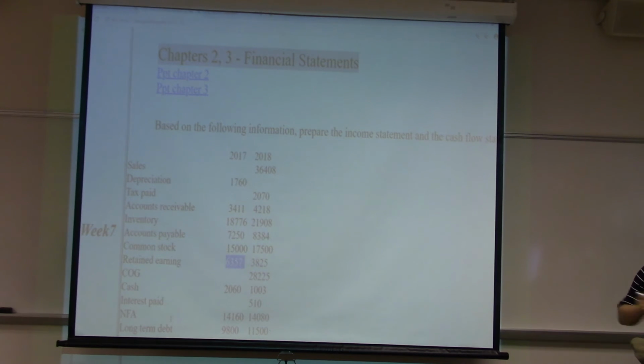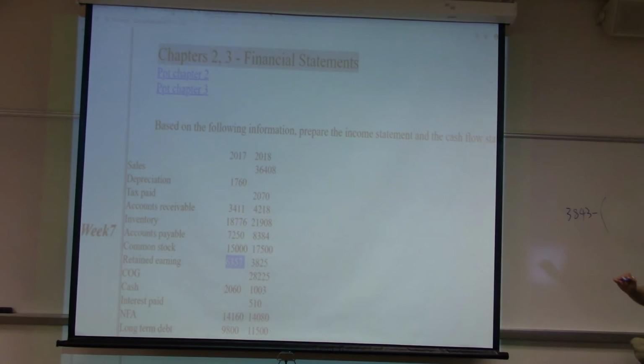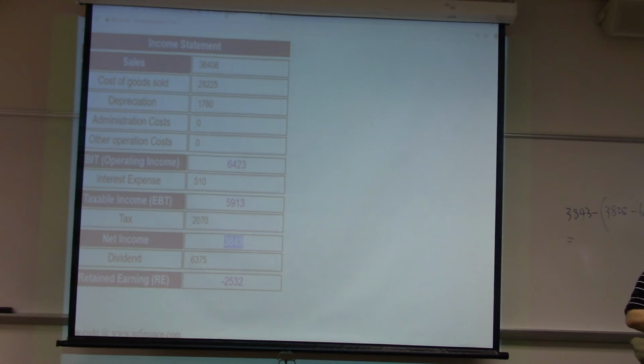The equation should be net income, because you need to make that difference, and the retained earnings of 2018, so you have to overcome the net income and also use that $2,000. So what am I looking at? So this is dividend. So this is the 6357, yeah.